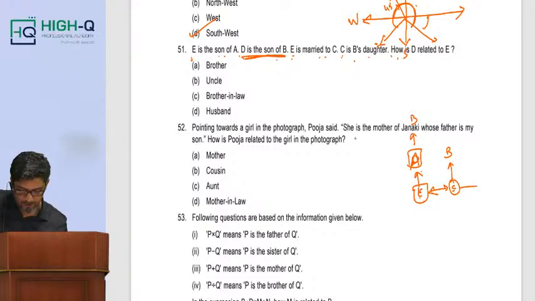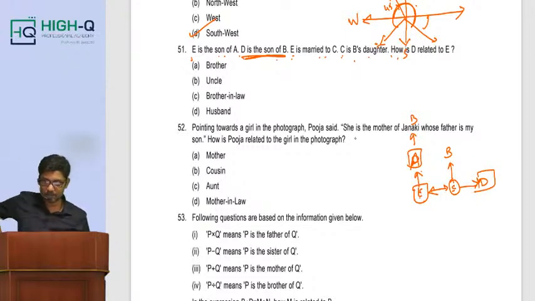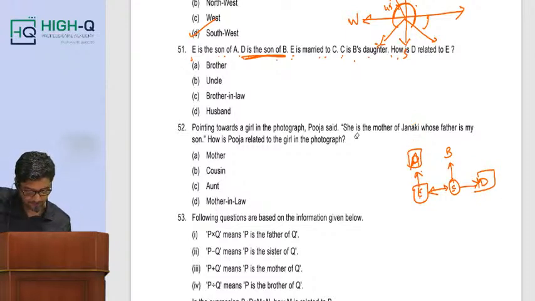So here I can have D is son of B. Good. Now look at this. How is D related to E? His wife's brother. So brother-in-law.